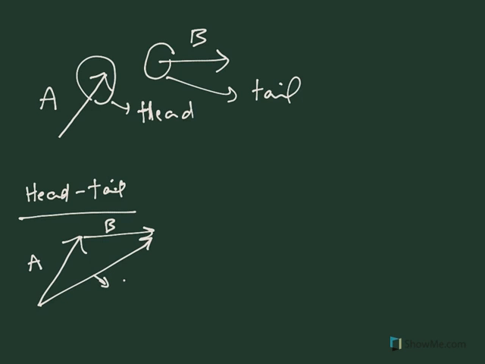And I'm going to call this vector C. And vector C is the resultant of vector A plus vector B. So vector A plus vector B is equal to vector C.